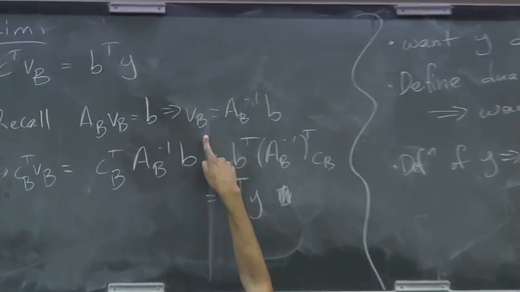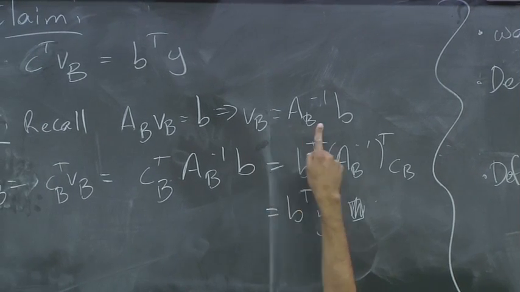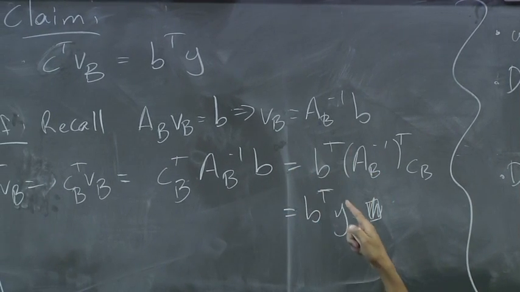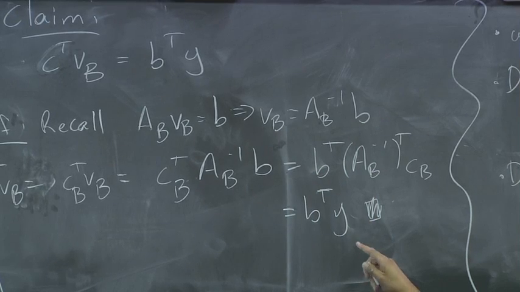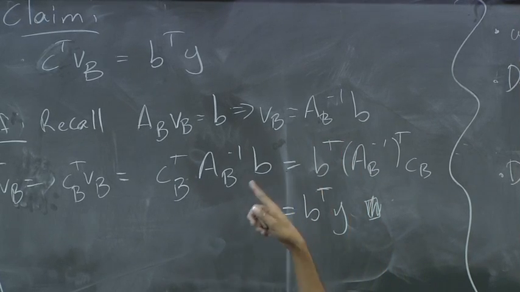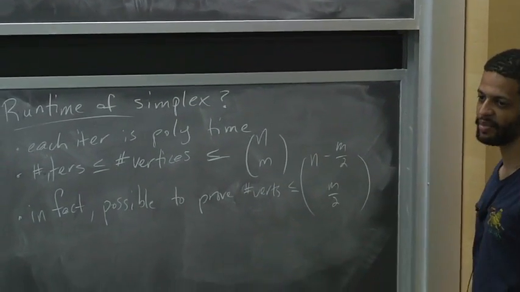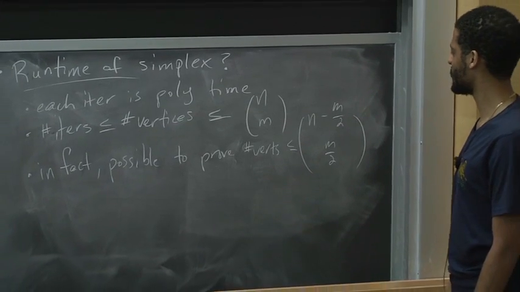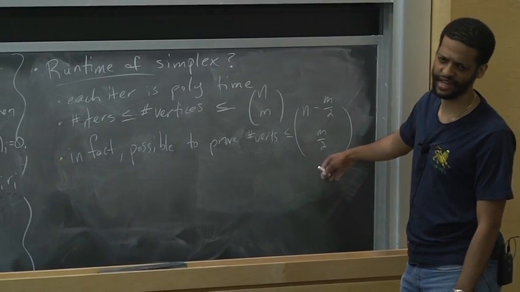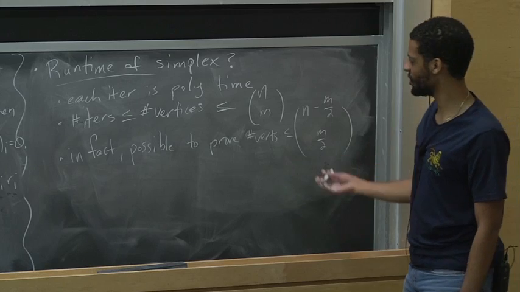Once you have a basis, how do you actually get the vertex corresponding to that basis? You do A_B inverse times b. And the point is, A_B inverse times b might not actually be a non-negative vector, and if it's not, then it's not in your polytope. It's not feasible. So if you're careful with that, it's possible to get a better bound. My understanding is that this is actually kind of hard to prove.